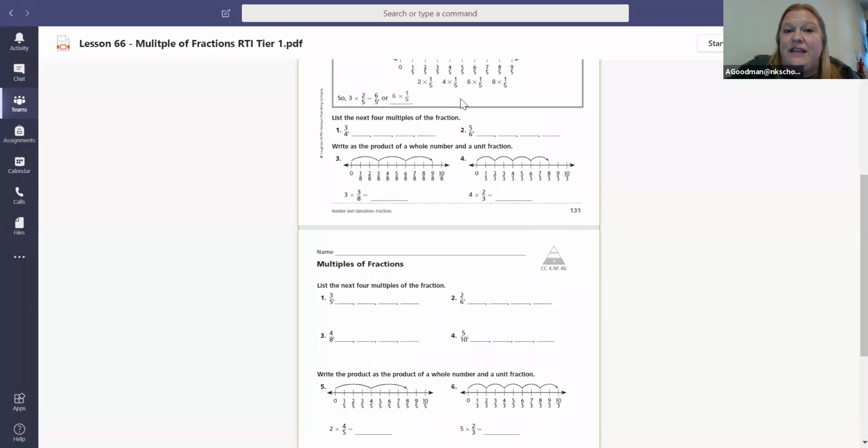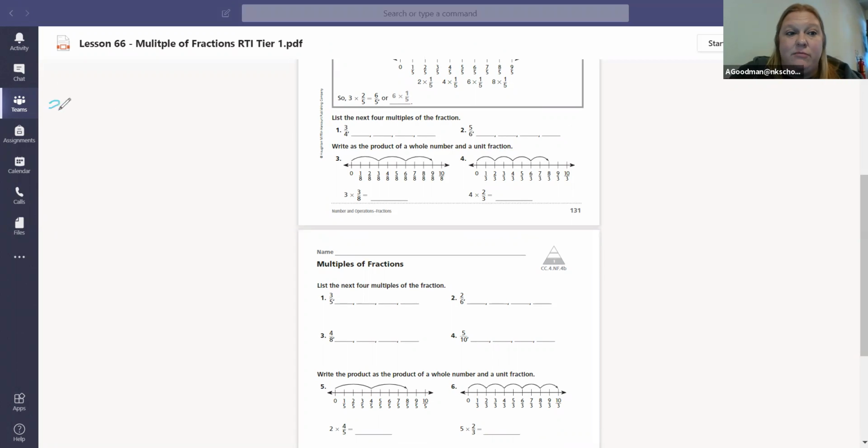So we are going to find the next 4 multiples of the fraction 3/4. I'm gonna get something other than purple. How about turquoise? If I write down the multiples, remember we are only changing the numerator, the top number.